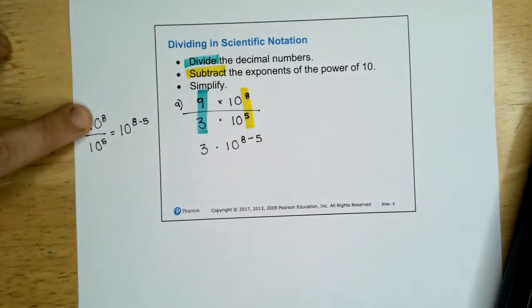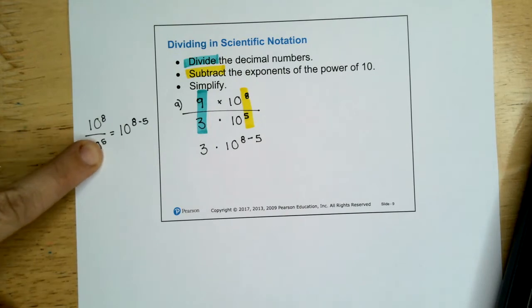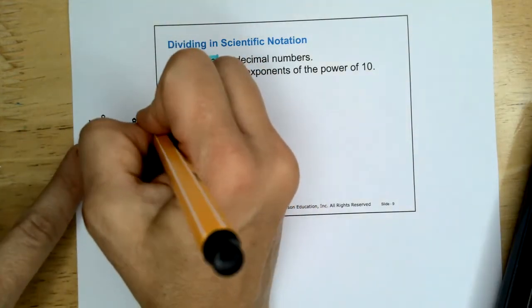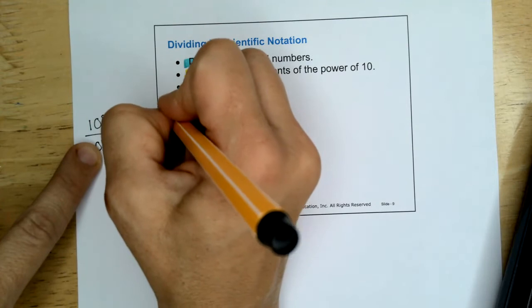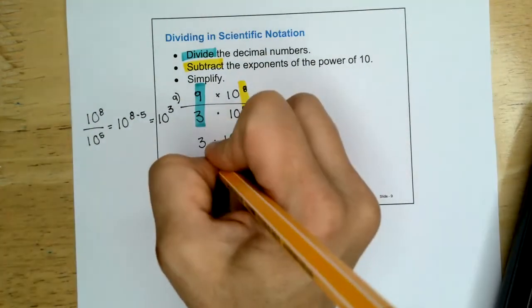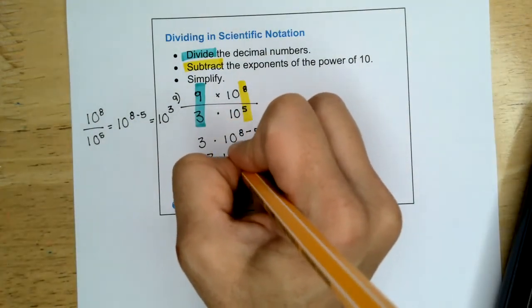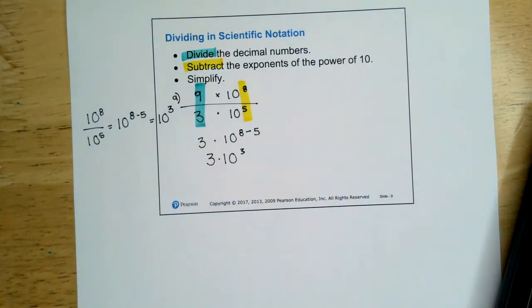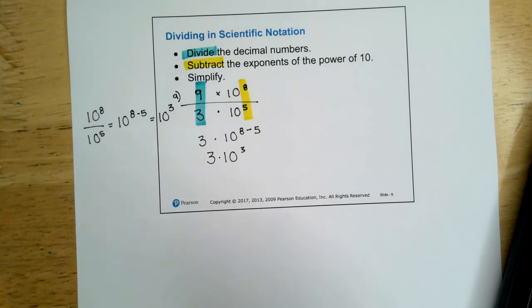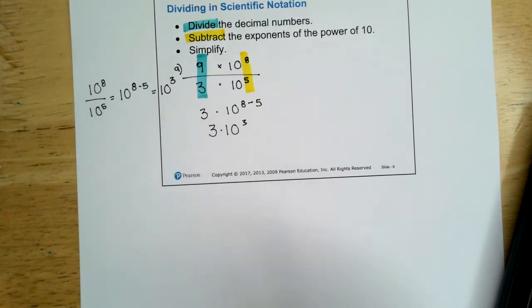So I take the exponent of my numerator, subtract the exponent of my denominator. 8 minus 5 is 10 to the 3rd. So that's 3 times 10 to the 3rd. Good. Okay, let's do another one.